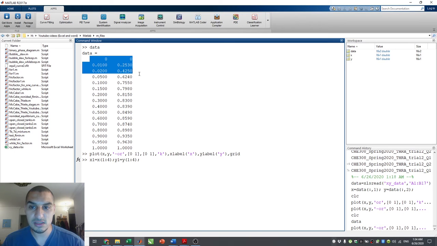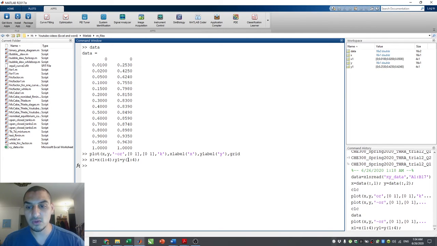This part of the data would be x1 and y1. I'm going to make x2 starting from 4. An important point is to make sure that the point between two parts is included in the fitting of both, so that the curve ends up being a smooth curve. So this is going to be from 0.05, which is 4, to 0.3.